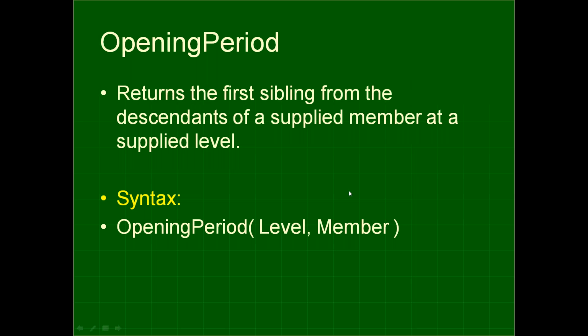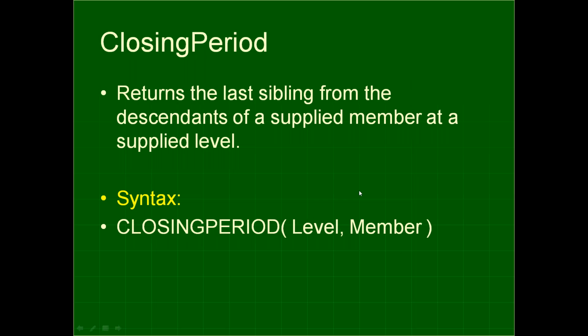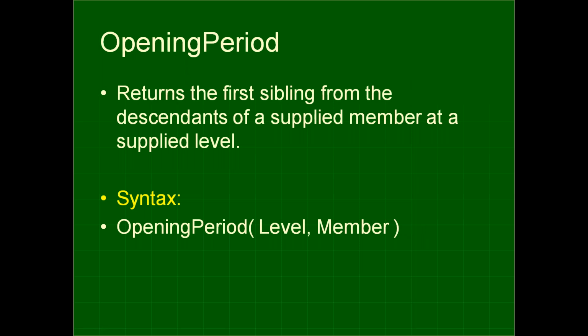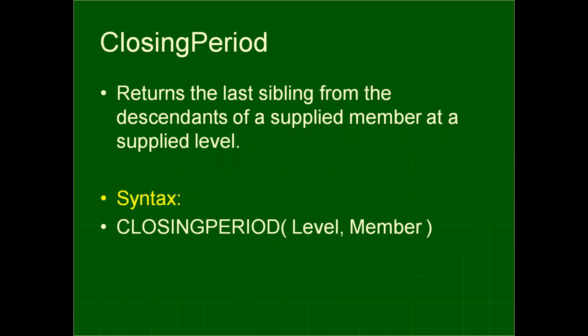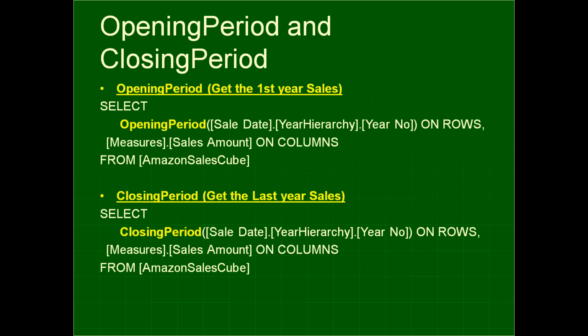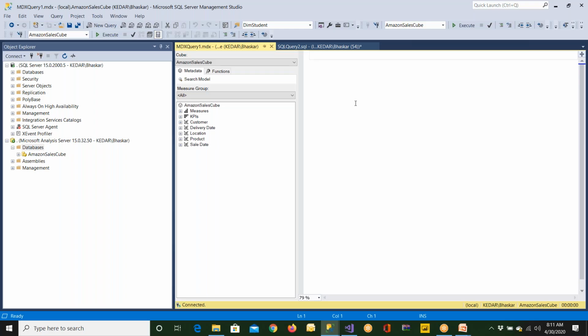So opening period is going to have the opening value, and the closing period will have the closing value. Let us understand what the opening and the closing are going to be dealing for us. The simple example is the opening period of this. So let me use the opening period function.